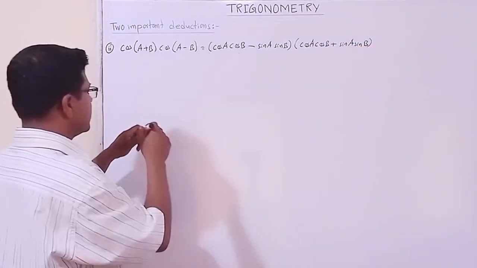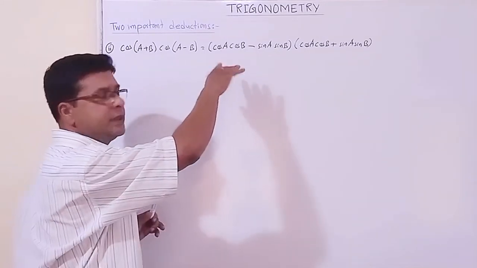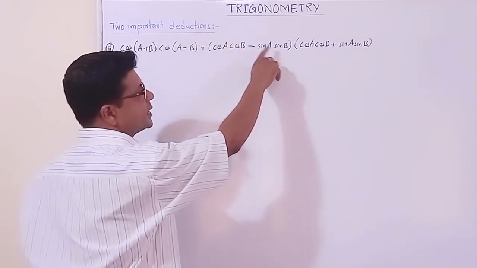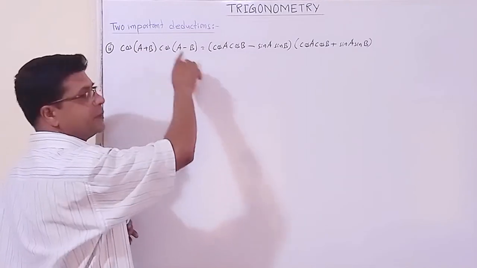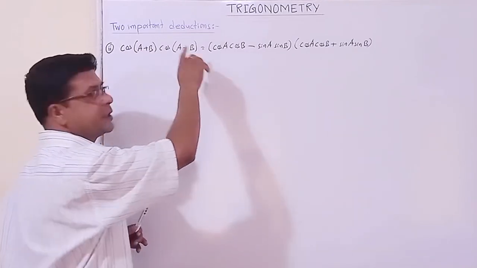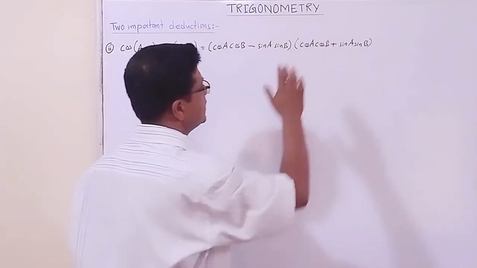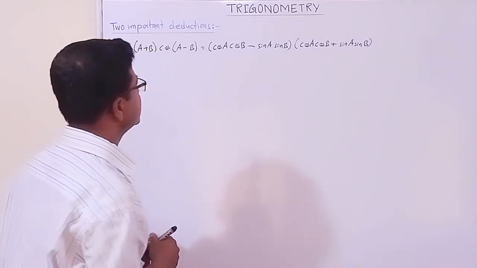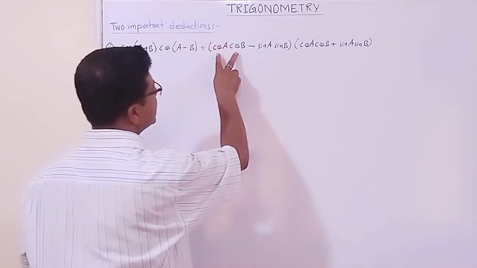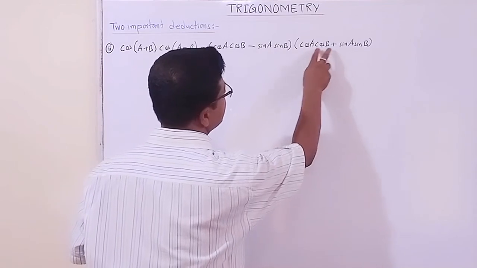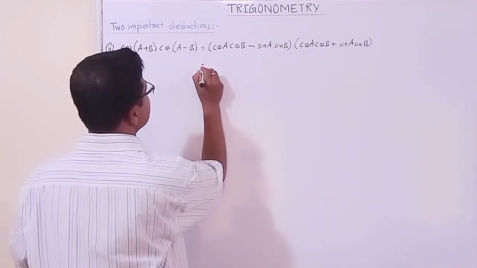Okay, you see, cos a plus b is cosAcosB minus sin a sin b, cos a minus b is cosAcosB plus sin a sin b. In a beautiful manner we can learn it. Now again you see, this is in the form a minus b into a plus b. What is this? A square minus b square.